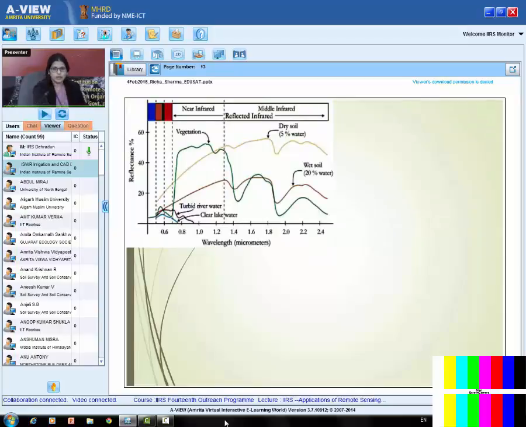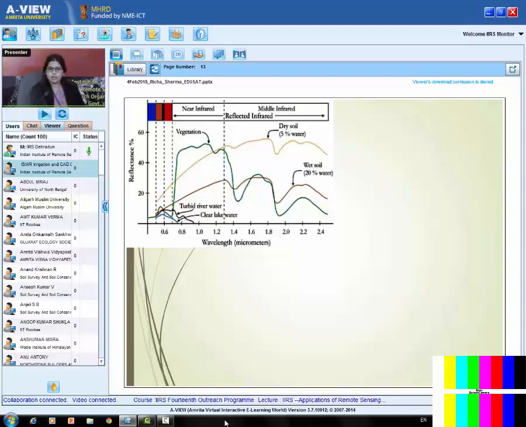Now we can see there are different curves in that range, 0.4 to 2.5, and each spectrum we see on our slides represents a particular type of material. The green one is the vegetation.